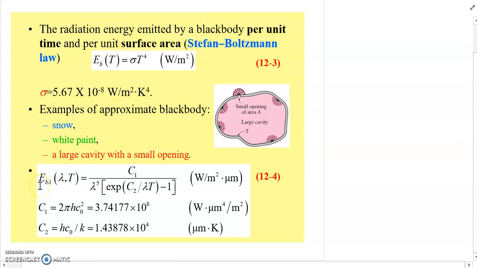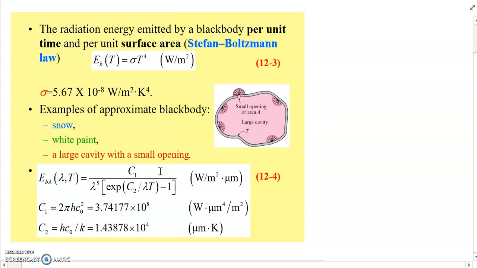Sometimes we are also interested in the radiation energy at a specific wavelength, lambda. For equation 12.4, this is valid for gas and vacuum. But for other mediums, you need to modify this equation by dividing the constant C1 by n to the power of 2, where n is the refractive index.